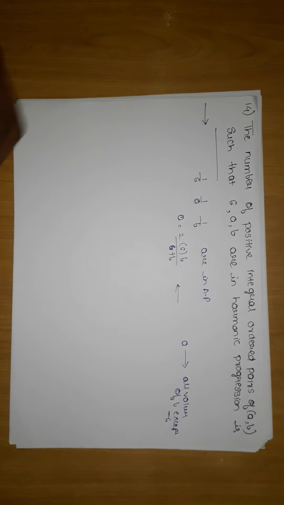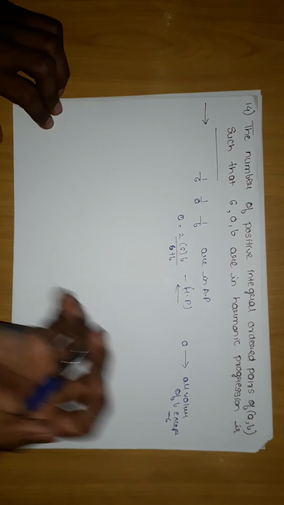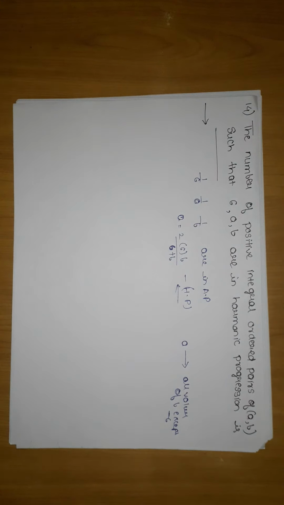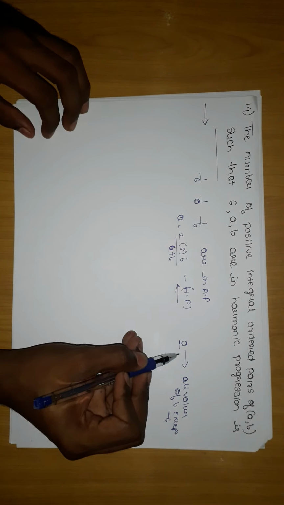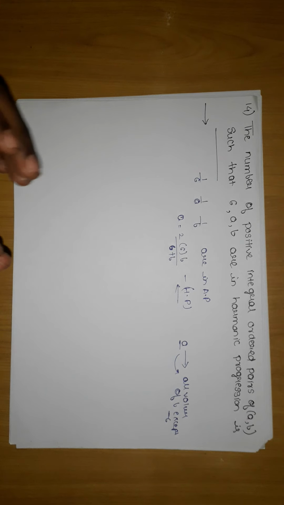Many children use this harmonic progression and get surprised that there are so many ordered pairs. The mistake they are making is that they check a's dependence on b, but they do not check b's dependence on a. That is the mistake many children make in these types of problems. Please check b's dependence on a.